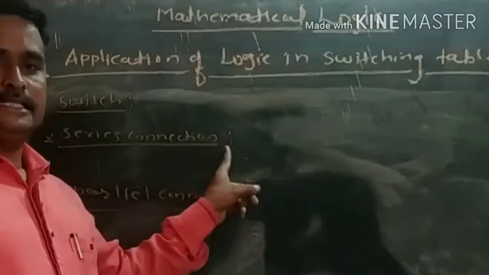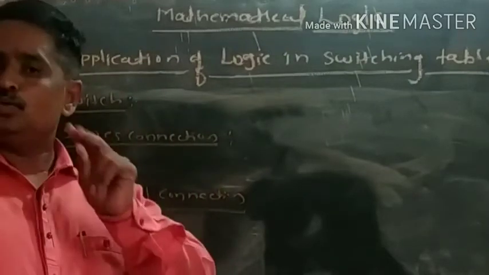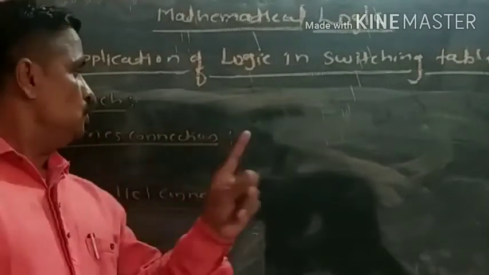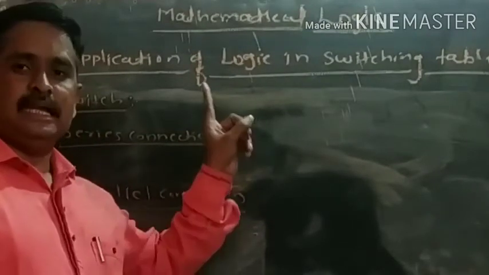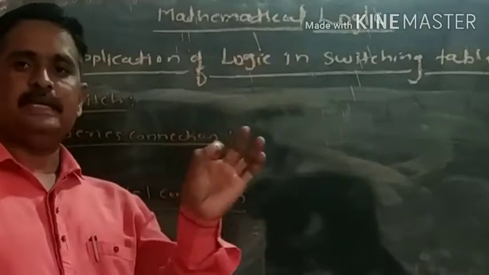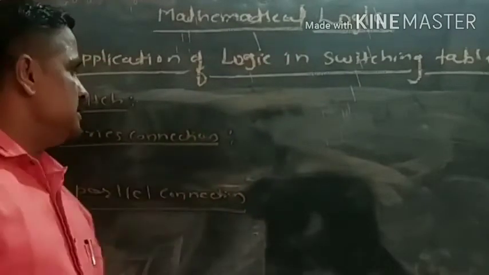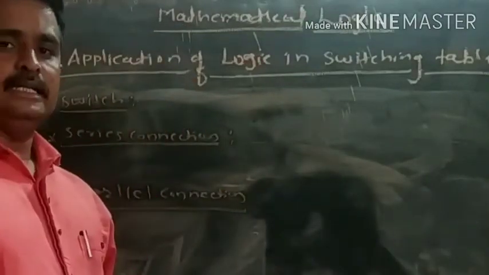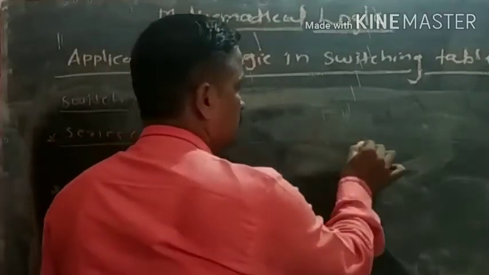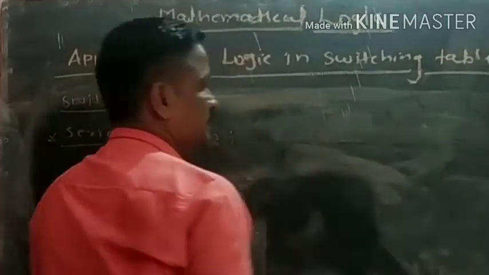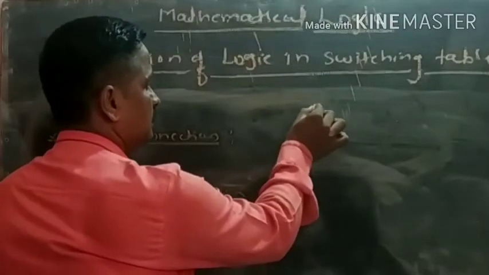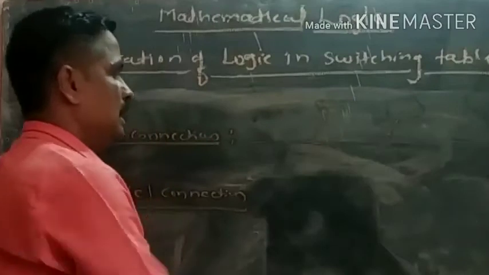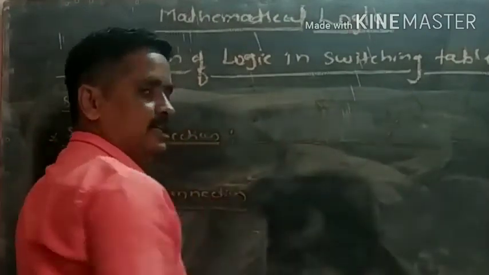So in series connection, if we have two statements P and Q, or two switches, P as switch S1 and Q as switch S2, and we connect them in series, it looks like this: switch S1 and switch S2 connected in a series way.